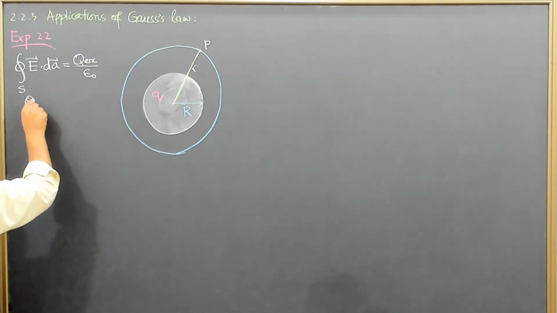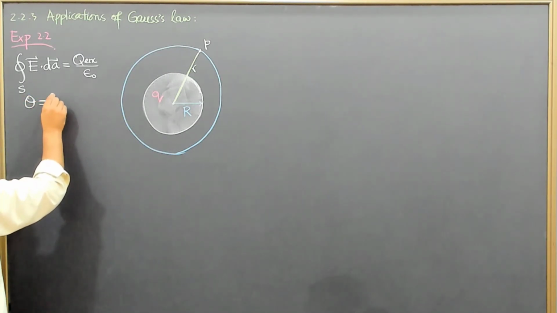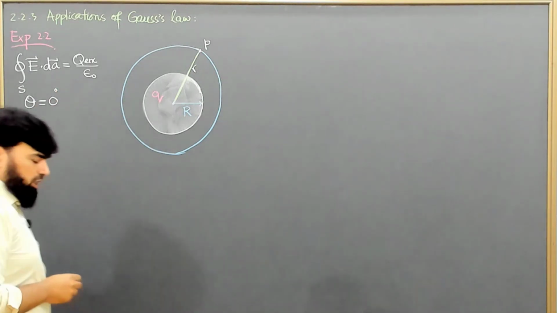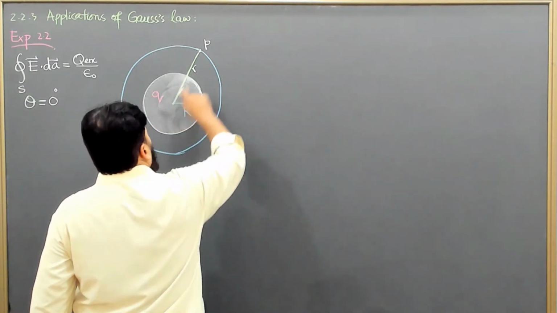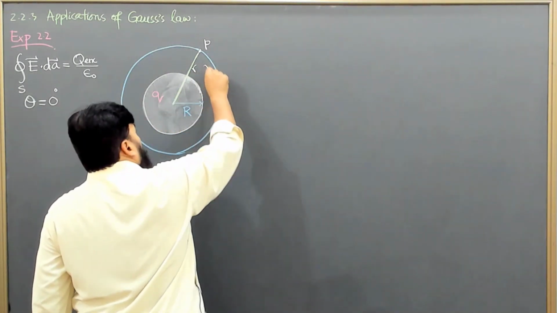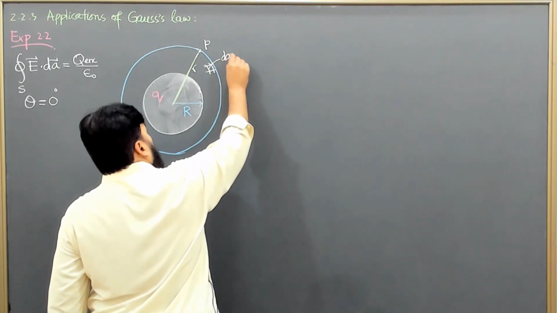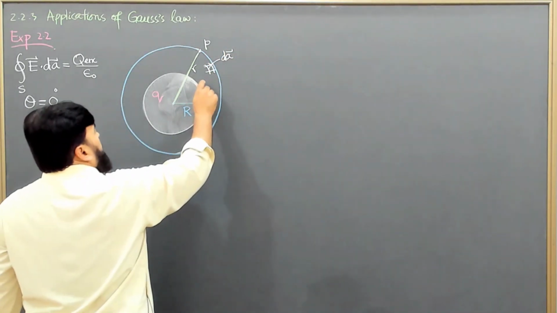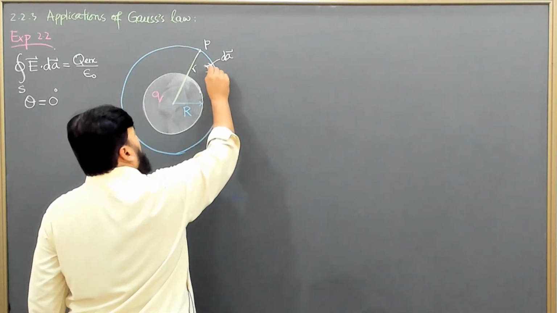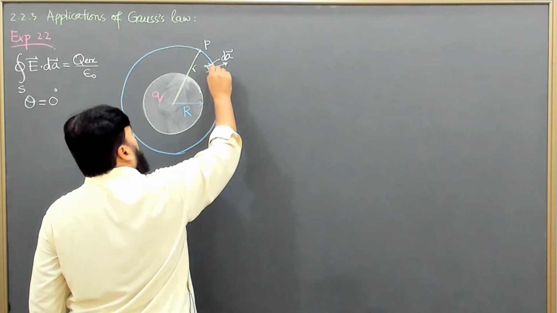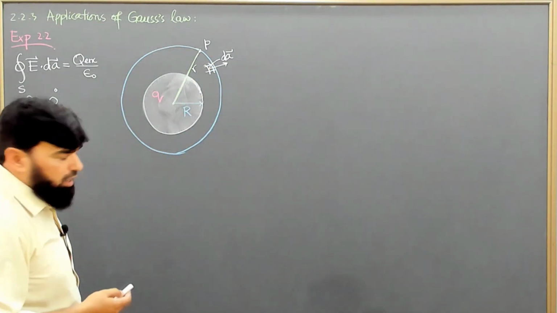As we have considered a concentric sphere here, for any area element on the surface of this sphere, the direction of dA is radially outward, and the direction of the electric field will also be radially outward.